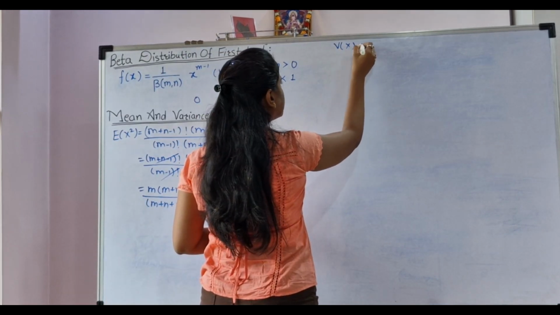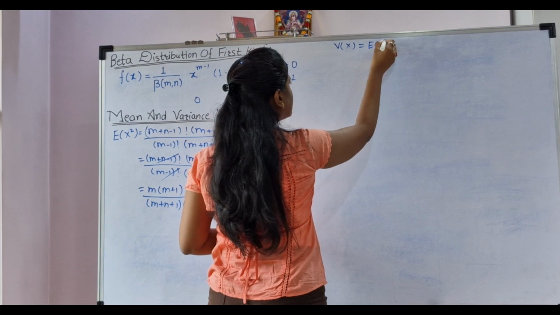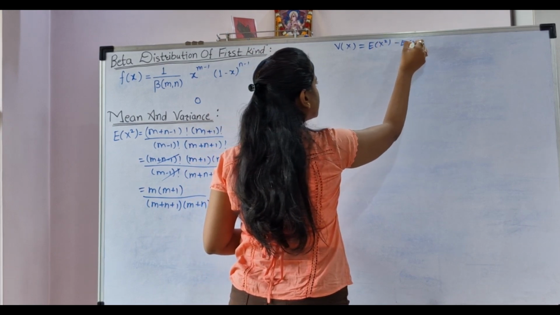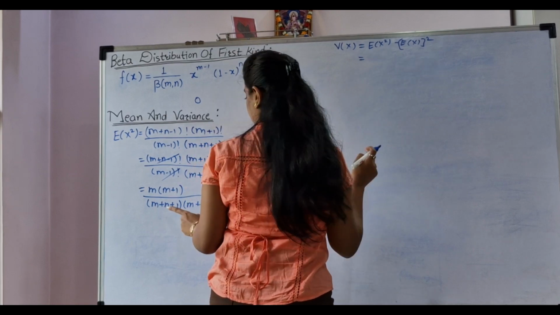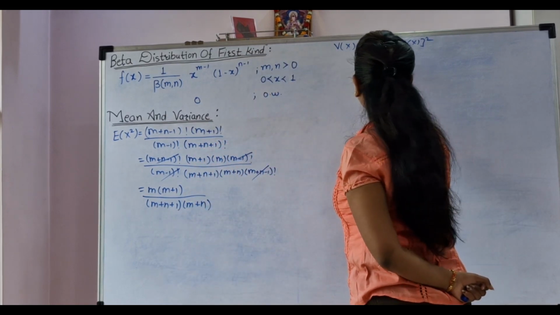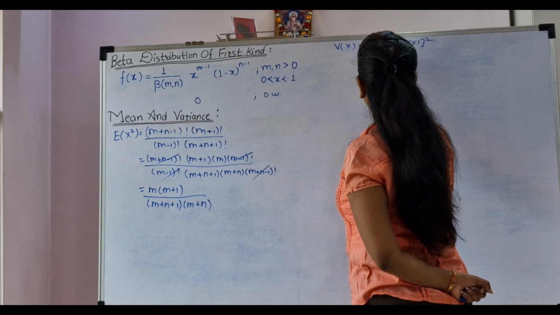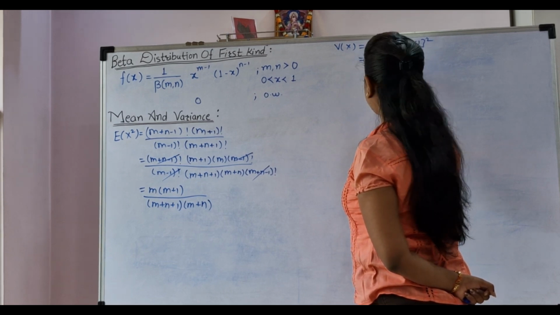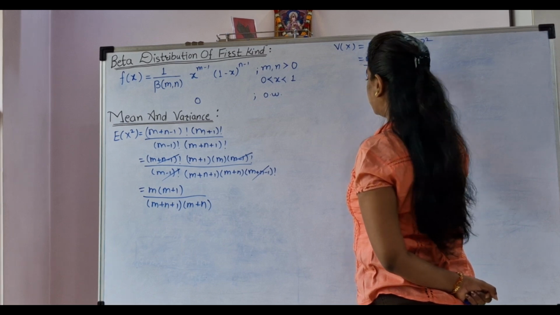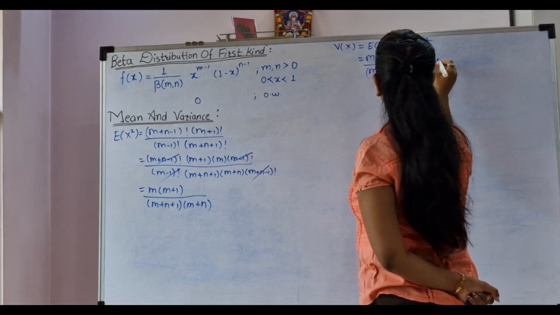Variance of x equals to expectation of x square minus expected value of x whole square. Expectation of x square is what? M into m plus 1 upon m plus n plus 1 into m plus n, right?